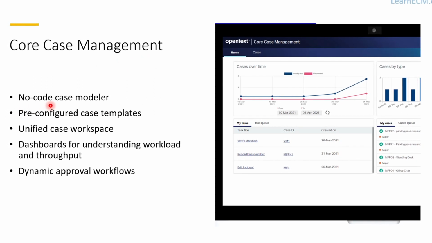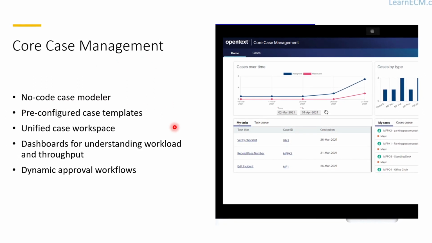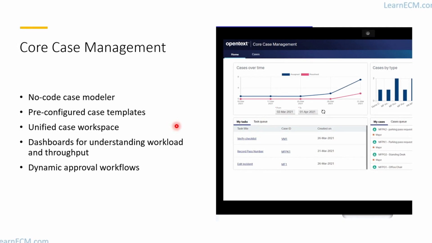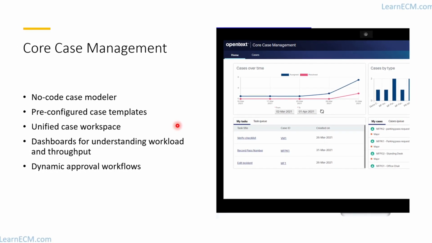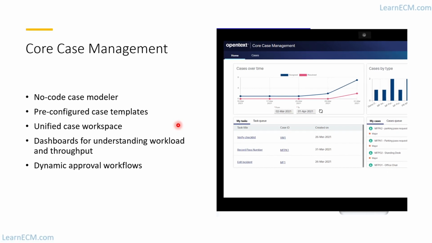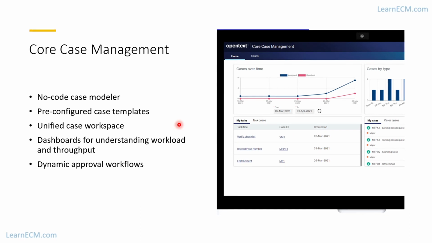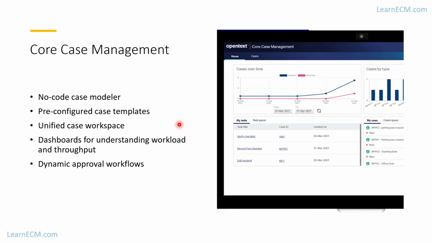First is the no-code case modeler. With this tool we get a case modeler where we can design our own cases without needing to code anything. There are pre-configured case templates, and we will see what those different templates are. Then the unified case workspace. With this tool there will be a unified view for all the cases, and I can get to know what I am working on, the different types of cases, and different analytics related to those.